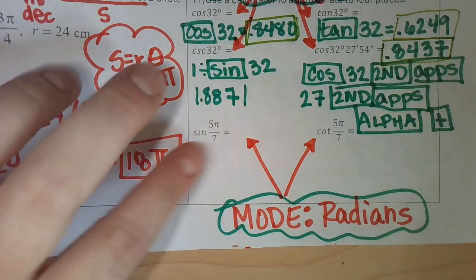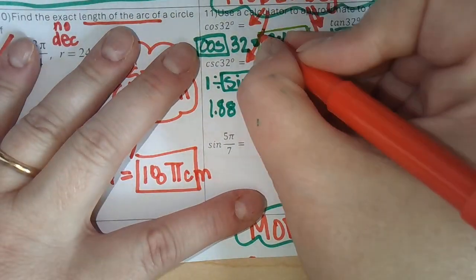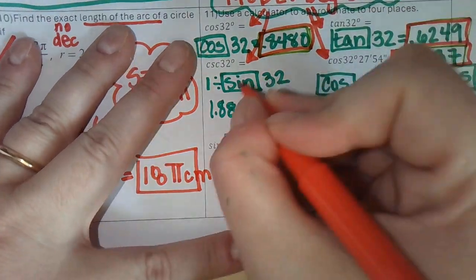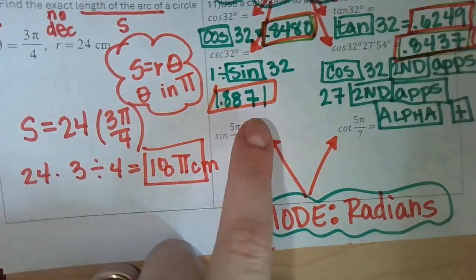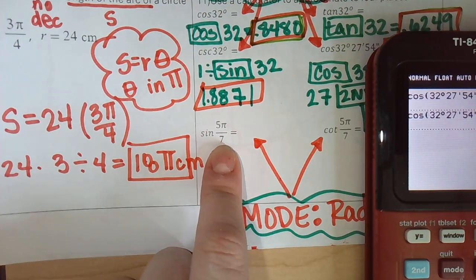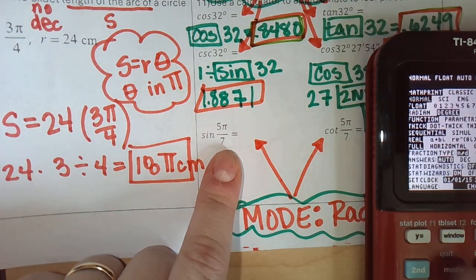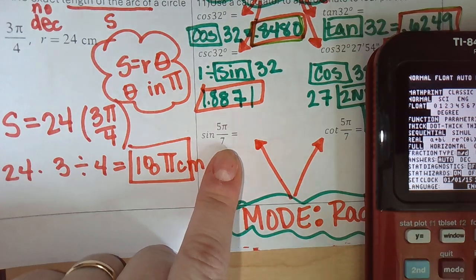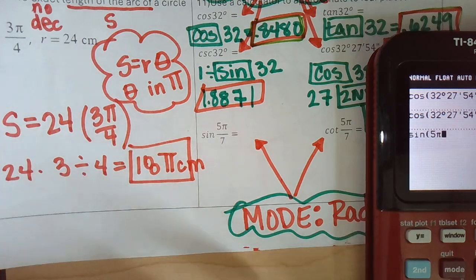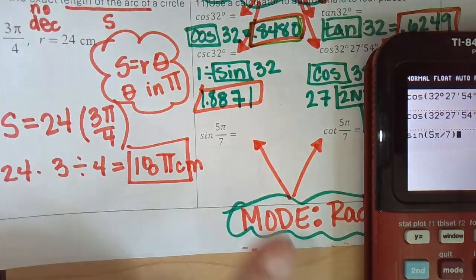Okay, for this next sucker, now we need to be in radians. I know I'm in radians because there's a pi. You're always in degrees if you have a degree symbol. Anything else, you're in radians. So mode, press enter on radian, and then sine 5 pi divided by 7. Oh, I forgot to tell you how to type the pi.